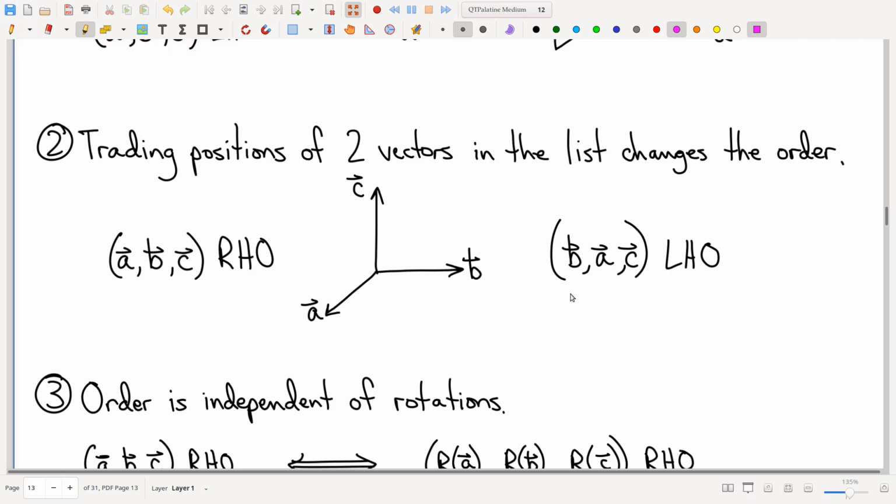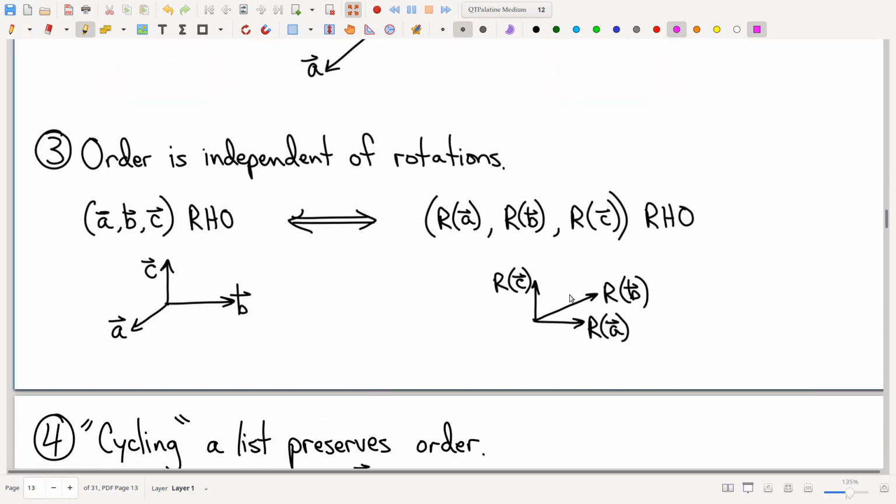But if I do B first, A second, C third, that's left-handed. And this will always work. Whenever you take any list, if you switch the position of any two of the vectors in the list, the handedness changes. Okay. And then lastly, it's independent of rotations.